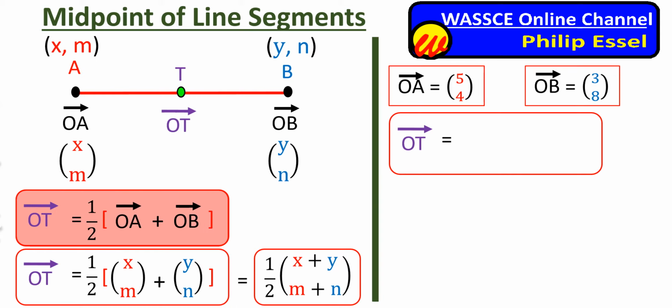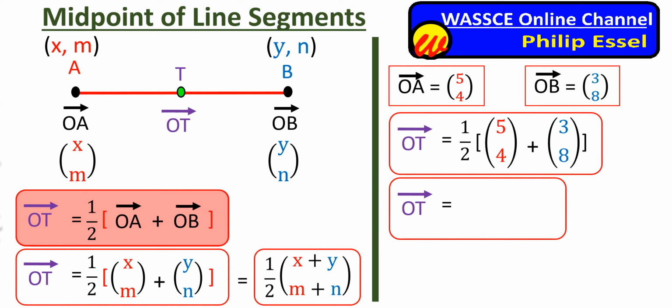So when we do this, we would get half of the vector OA, which is (5, 4), plus the vector OB, which is (3, 8).